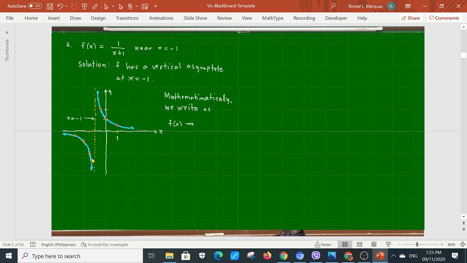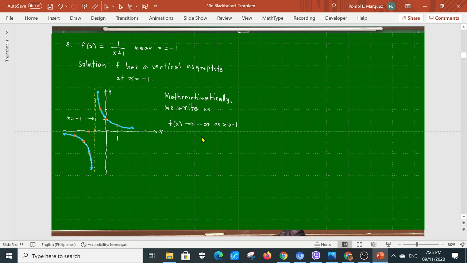It goes down and down, meaning it keeps on getting negative. So it means f of x approaches negative infinity as x approaches negative 1. Again, it goes down.